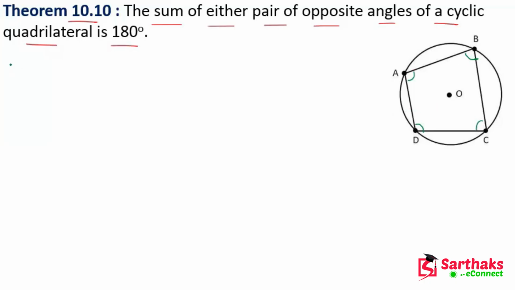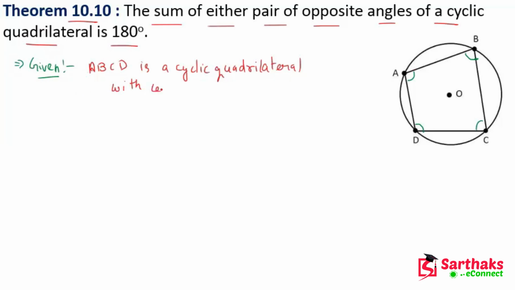So first of all we have to write the given part. ABCD is a cyclic quadrilateral with center at O. Got it?